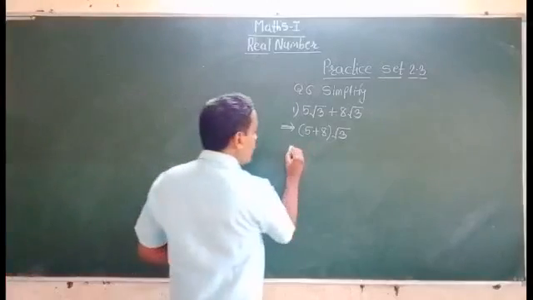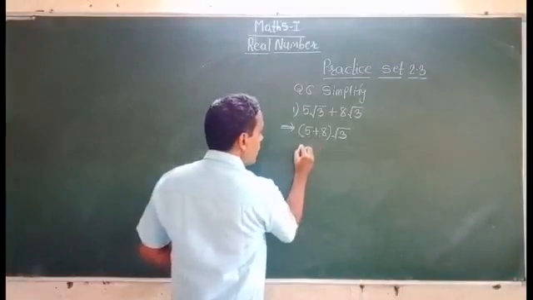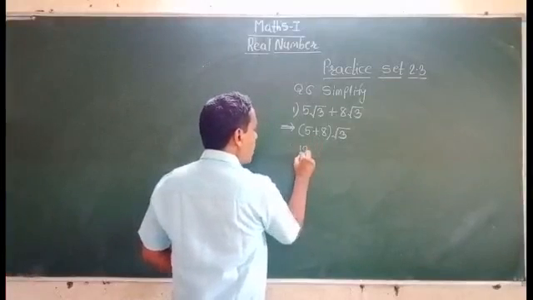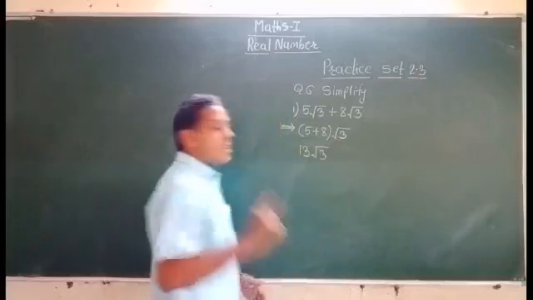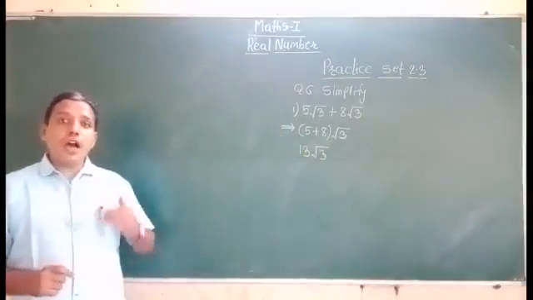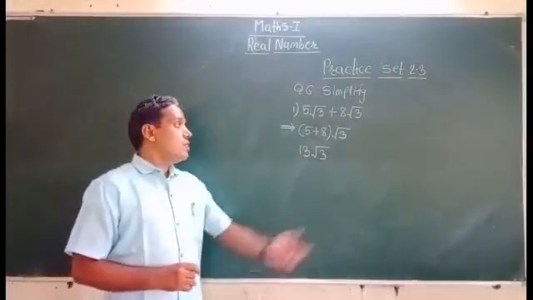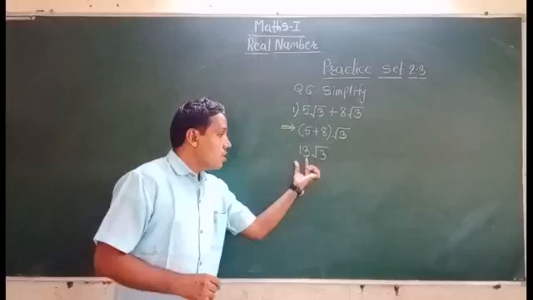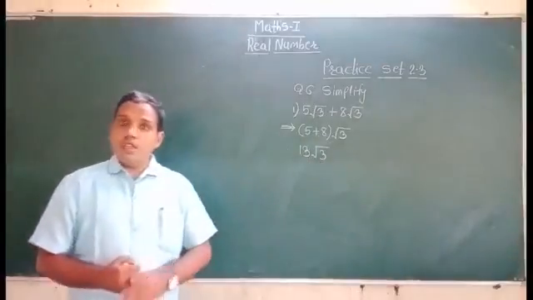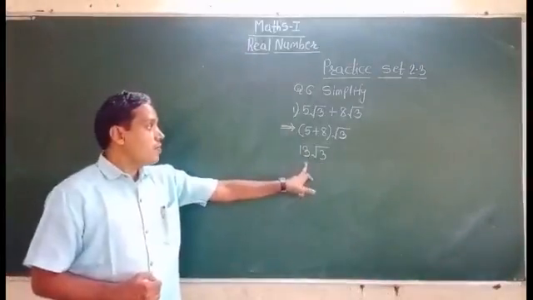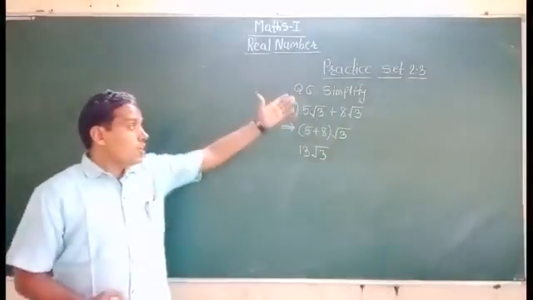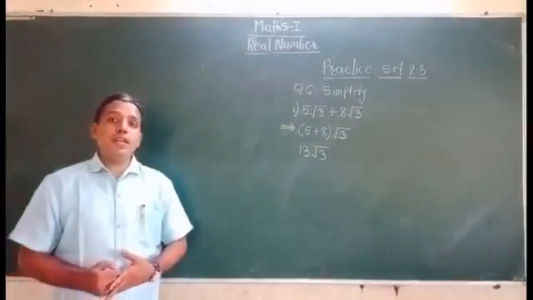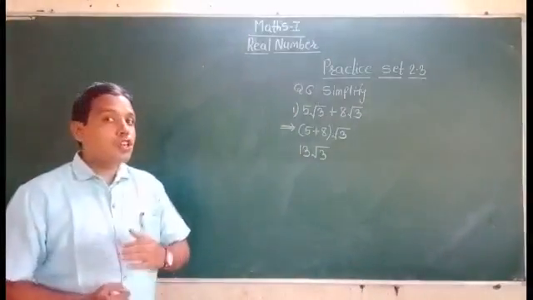So 5 plus 8 is 13, and we write surd 3 just one time, and therefore the answer of the addition of the two surds is 13 surd 3. That is the answer of 5 surd 3 plus 8 surd 3. So in this way addition takes place between two surds.